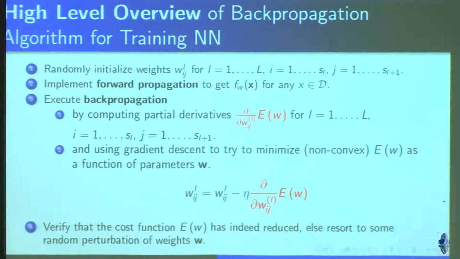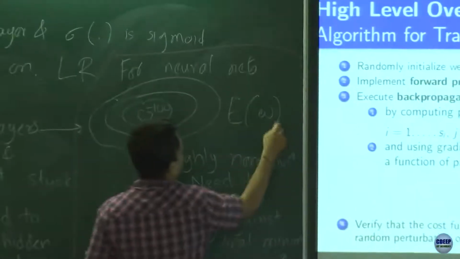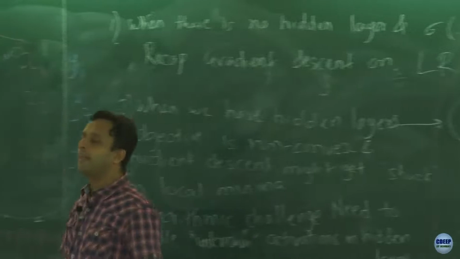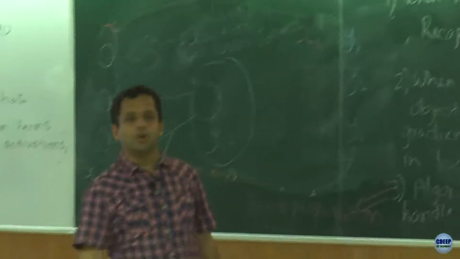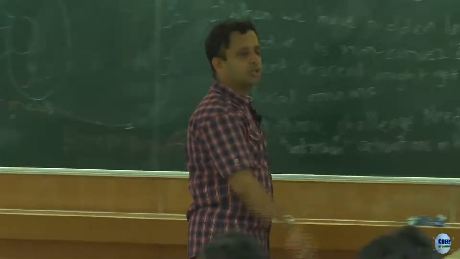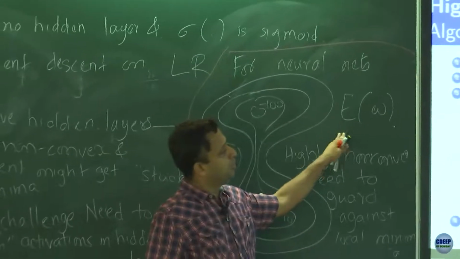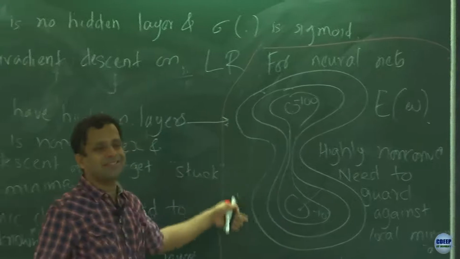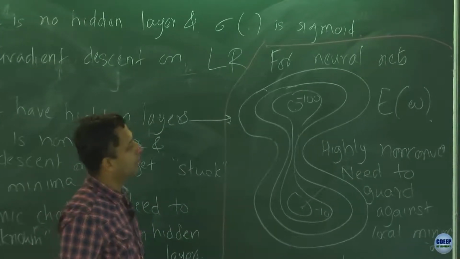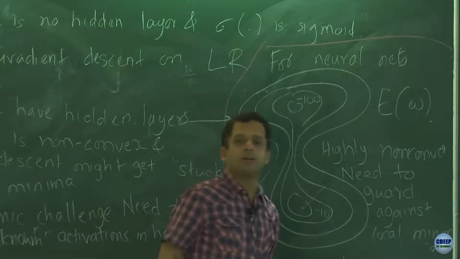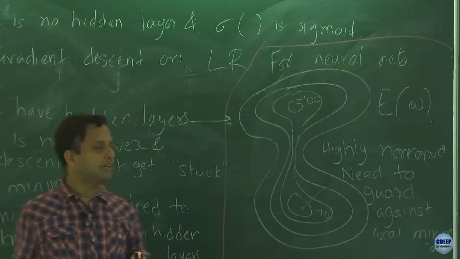This non-convex E(w) is our error function, and we will soon see that it's nothing but the commonly used error function generalizing the cross entropy of logistic regression, the cross entropy loss function for neural network. So you will compute the gradient descent in order to try and minimize this non-convex E(w), and you will keep doing this while verifying that E(w) is indeed reduced.